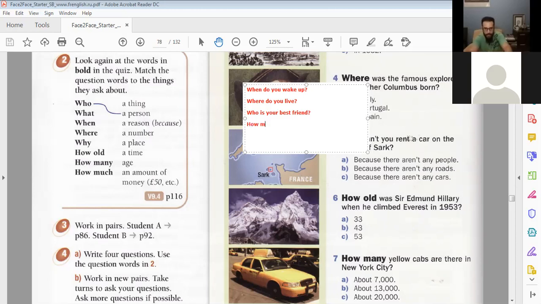How much is your dress? Okay, so these are good questions.